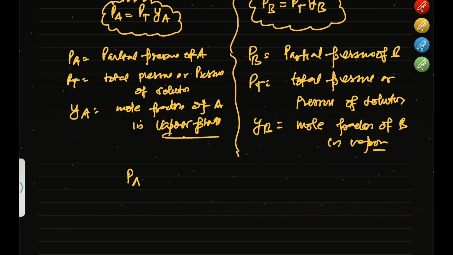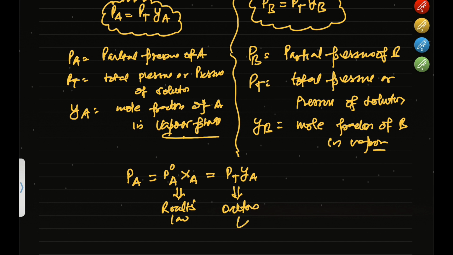The partial pressure of the component A is equal to the partial vapor pressure of the pure component A and the mole fraction of that component in liquid phase, or the partial pressure of the component A is equal to P total, the vapor pressure of the solution or total vapor pressure, and mole fraction of the component A in vapor phase. This is from Raoult's law. This is from Dalton's law. Both have the same value.